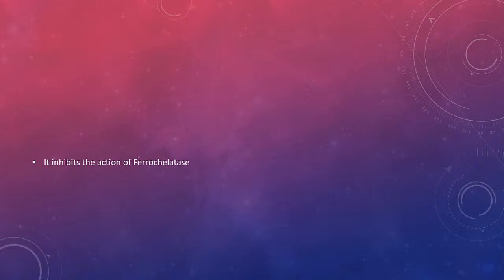So ferrochelatase, from the name itself, ferro, iron. We're talking about iron. Ferrochelatase. Chela. We're going to go one by one. Chela means separating or adding. A great example of this is your EDTA. EDTA is a chelating agent for calcium, sorry. So it separates calcium from the reaction. So ferrochelatase separates your iron from a specific reaction.